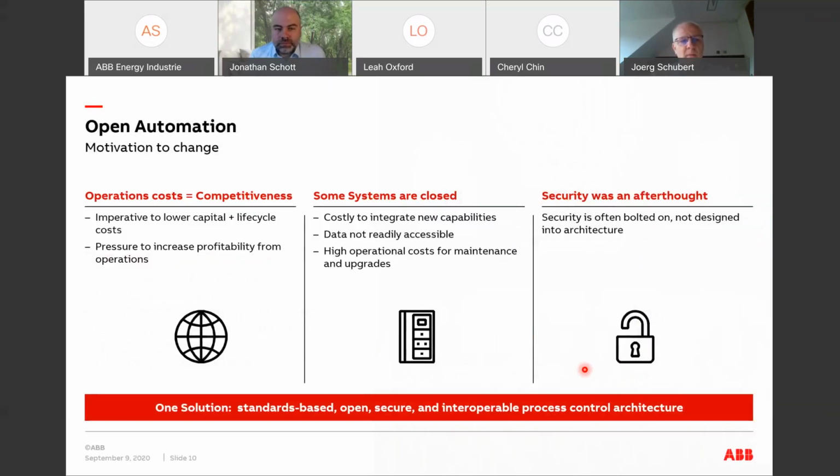And the key motivation for giving life to open automation was for sure operations cost, and by that securing the competitiveness of the customer operating the facility. So the open automation's motivation is to make sure that the overall lifecycle cost for the equipment is going down by introducing some of the technologies that open automation stands for.